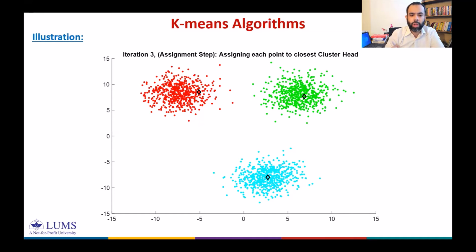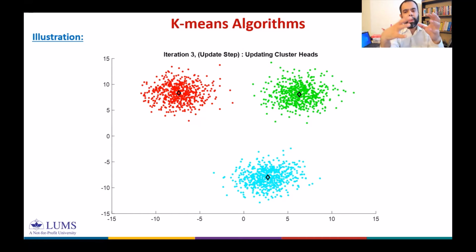The blue has almost converged, but the red will be shifted towards the left here. So now at this stage, we can say the algorithm has converged, because if I carry out a further iteration, the reassignment won't happen, the cluster heads won't change, and the size of the clusters is not going to change.